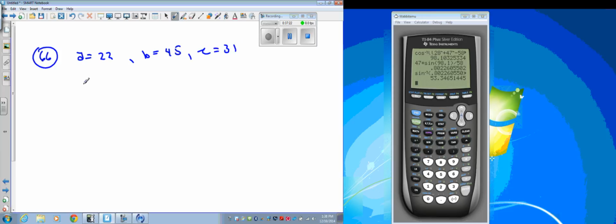Now notice the first thing you have to calculate is this value S, which is 1/2 of that sum, 22 plus 45 plus 31.